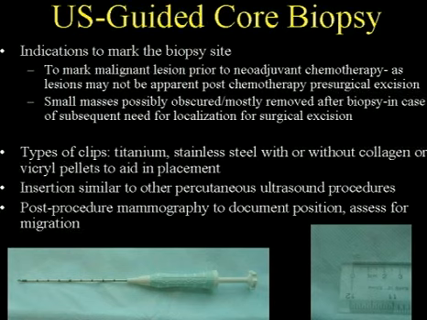This is an 18-gauge needle, which has the biopsy clip within it. Once the tip of this needle is within the lesion, then this can be pressed in to deploy the biopsy clip. And a post-procedure mammogram is always done to document correct position of the biopsy clip and to assess for migration.